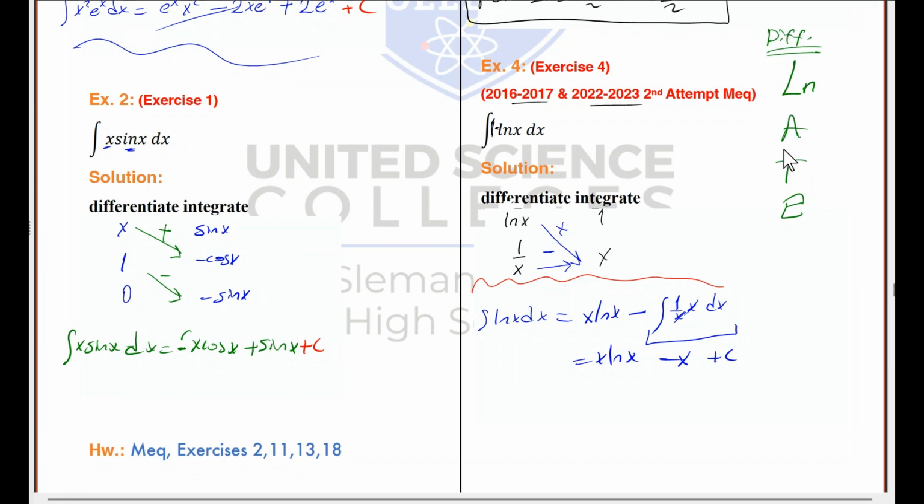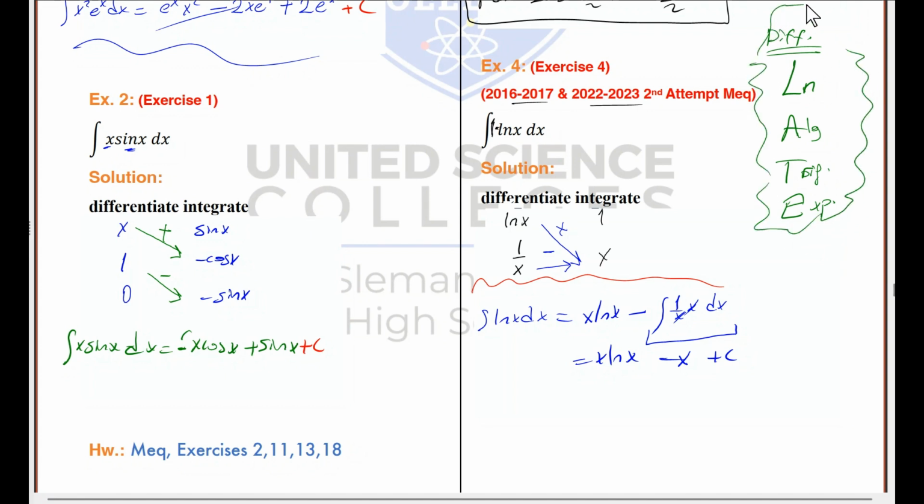If there is no algebraic, trigonometric, you use trigonometric as differentiation, and if nothing, we use exponential. So this is the order of choosing functions if we have multiplication of two of them.